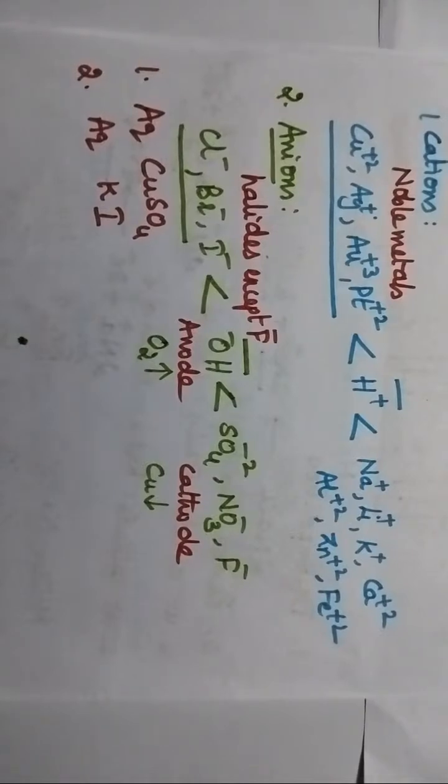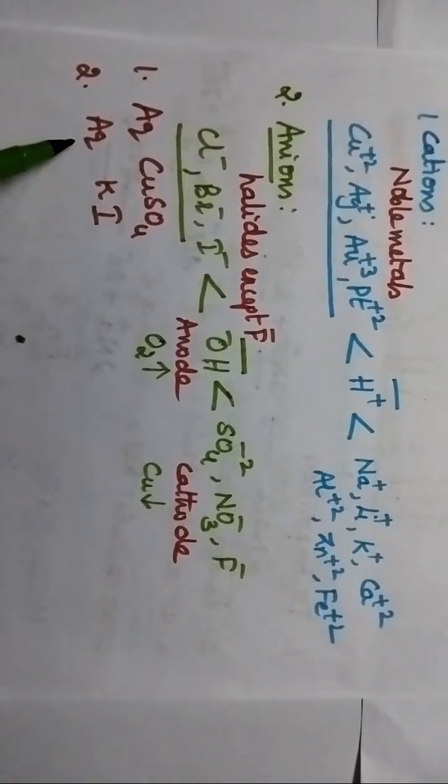Durga, you try to answer the second question. Electrolysis of aqueous potassium iodide gives what products at the anode and at the cathode? Can anyone answer?